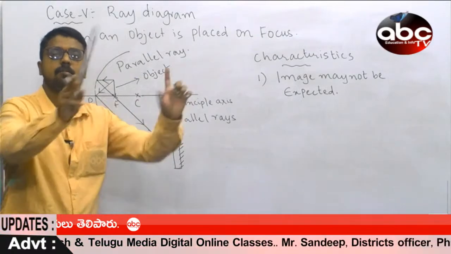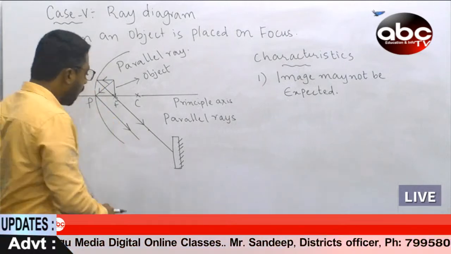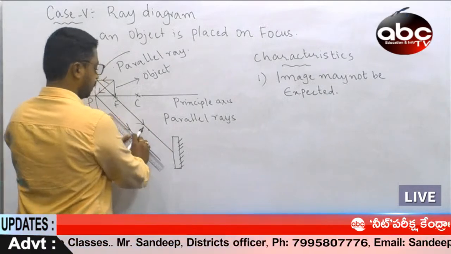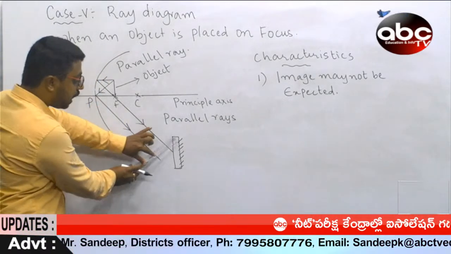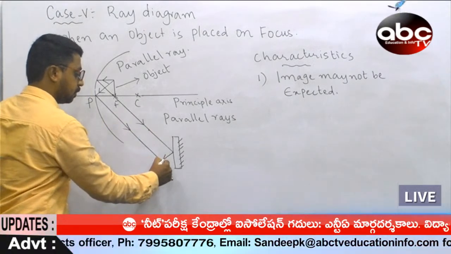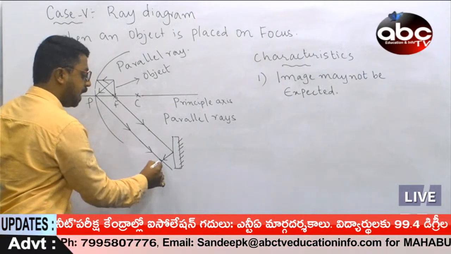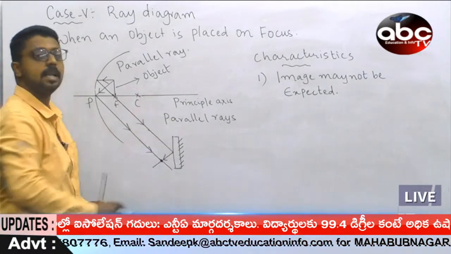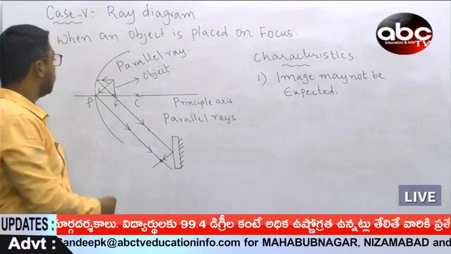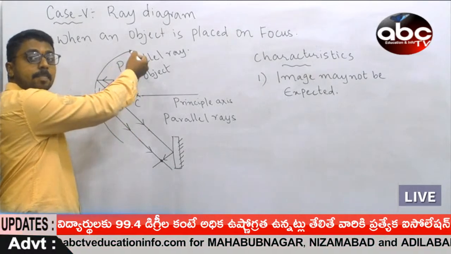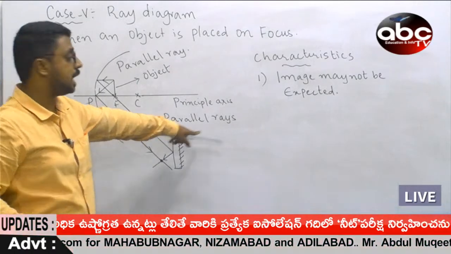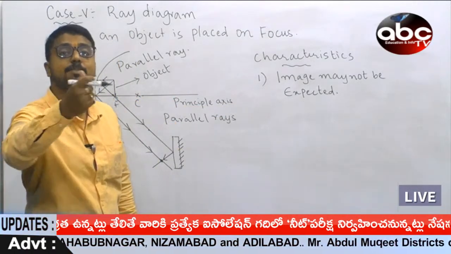Unknowingly, not wantedly, unwantedly. अब तो ए रे इस पर ट्रैवल होता, ए रे रिफ्लेक्ट होता, फिर इसका रे रिफ्लेक्ट होता, ए रे ऐसे ट्रैवल होता. अब देखो these rays are intersecting. Don't get confusion. This is very small, minute, because this is primary spherical mirror. In its path, the rays are not joining, acting as parallel rays, so image may not be expected.